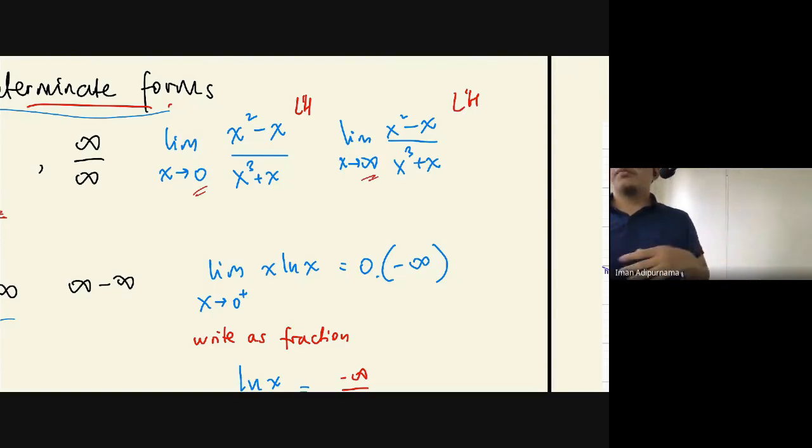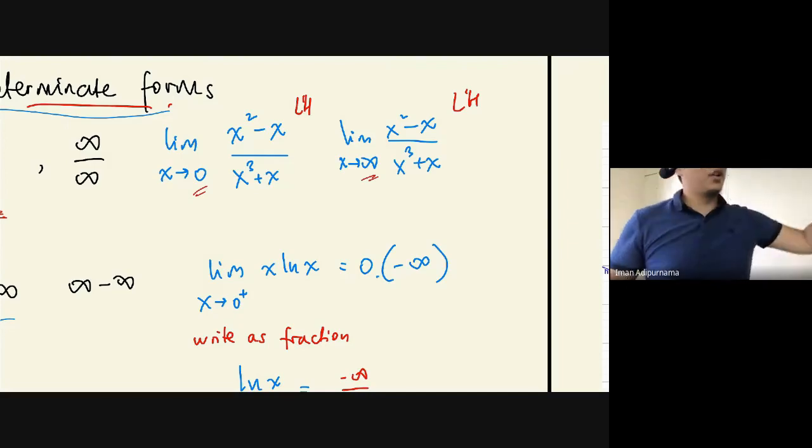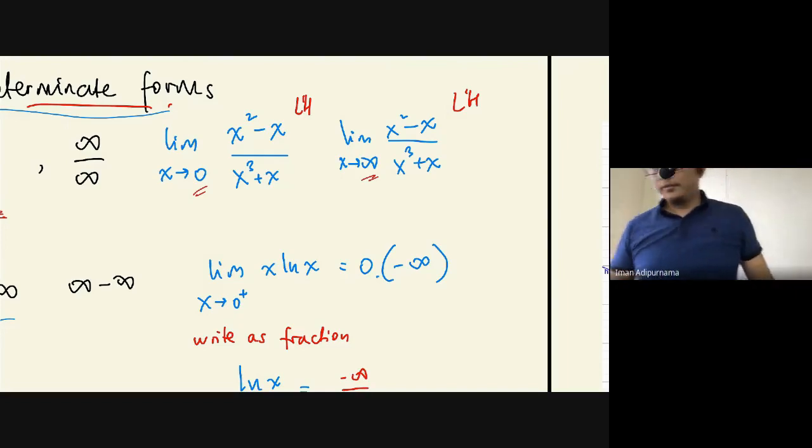But you can do it as many times as needed. If you do L'Hopital rule and you still have 0 over 0, you can do it one more time until you get the final form, which is when you plug in the number, it has a value, and that's it. As long as it is still 0 over 0, you can apply L'Hopital as many times as you need.